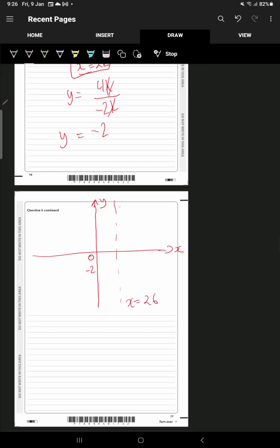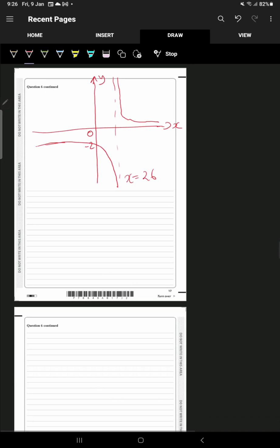It is a positive reciprocal graph, so we draw like this, and like this. The shape is not really good there.